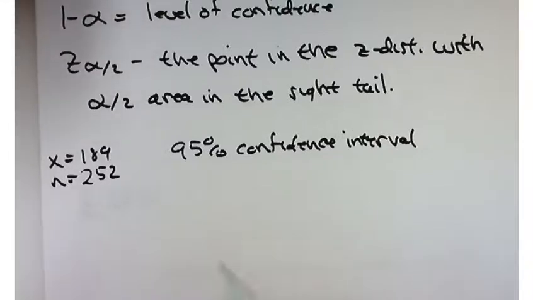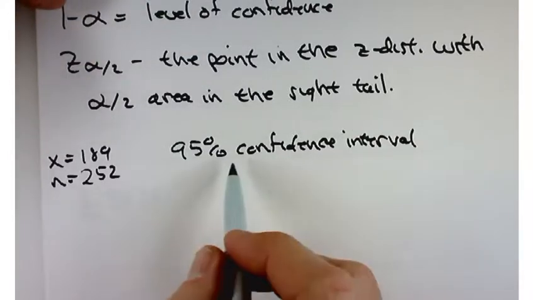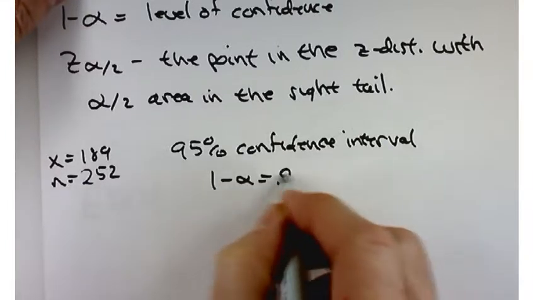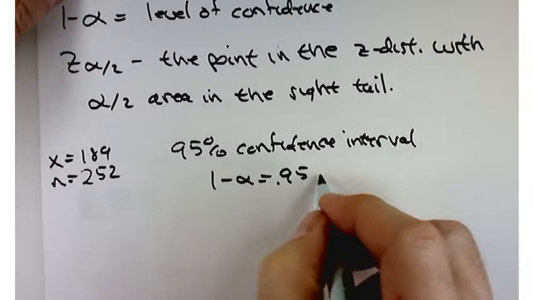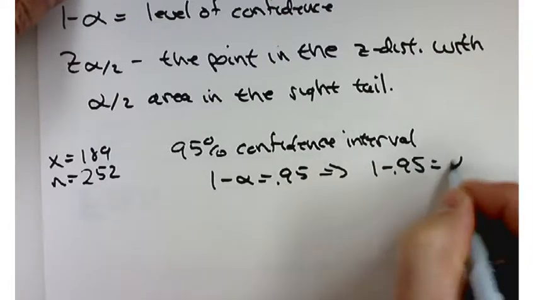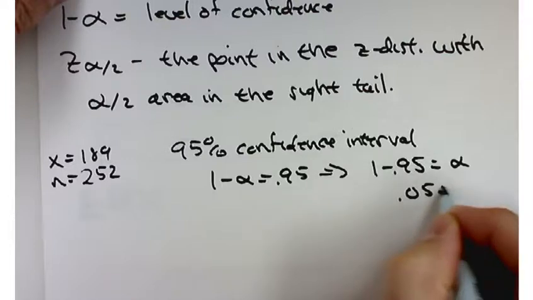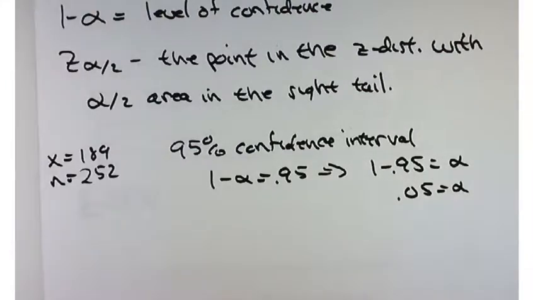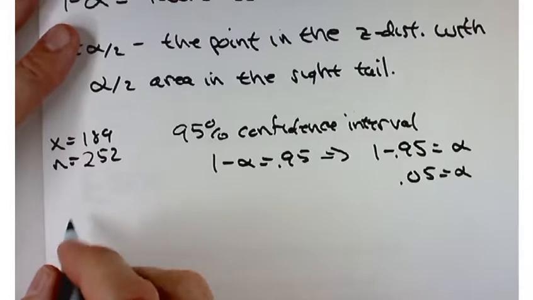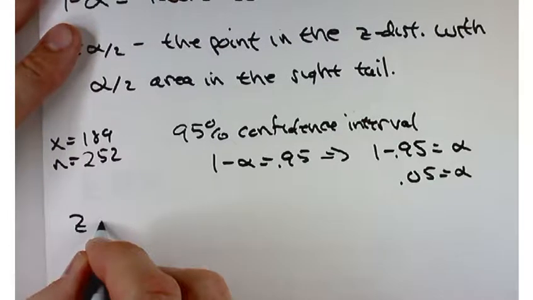Let's see. So if we have a 95% confidence level, that's 1 minus alpha equals 0.95. That means 1 minus 0.95 is our alpha, or 0.05 is alpha. Looking backwards, we need to calculate z sub alpha over 2.